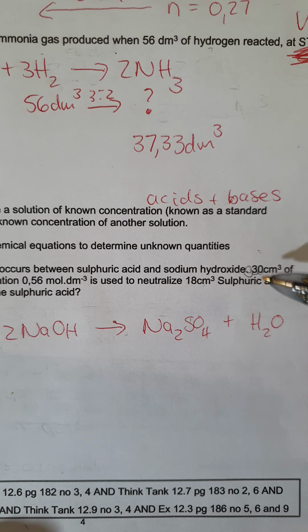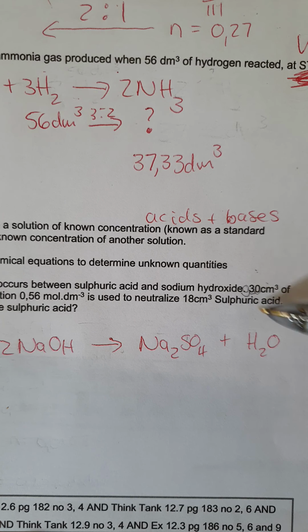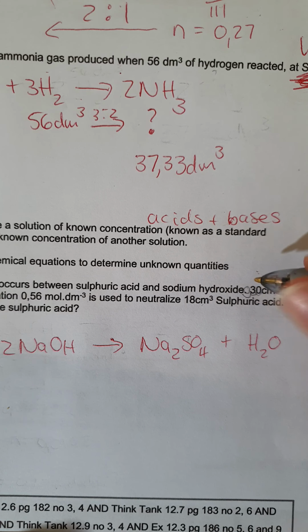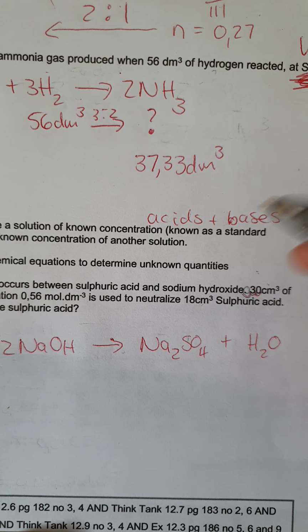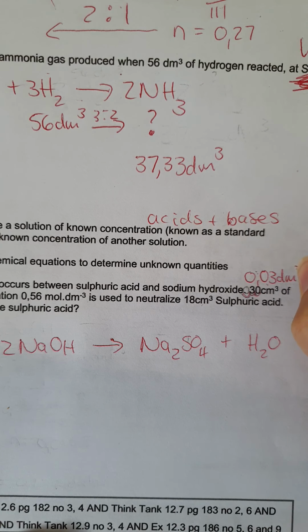So let's just carry on reading. 30 centimeters cubed. Oh my word, it says centimeters cubed and we need decimeters cubed. You divide by 1,000. What I normally do is I go back 3 decimal places, because it's 1,000. So it's 0,03 decimeters cubed of sodium hydroxide.